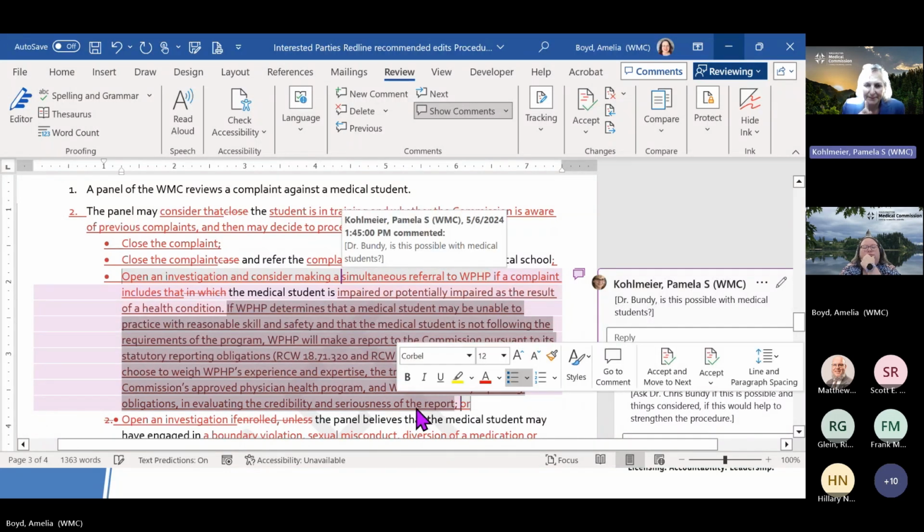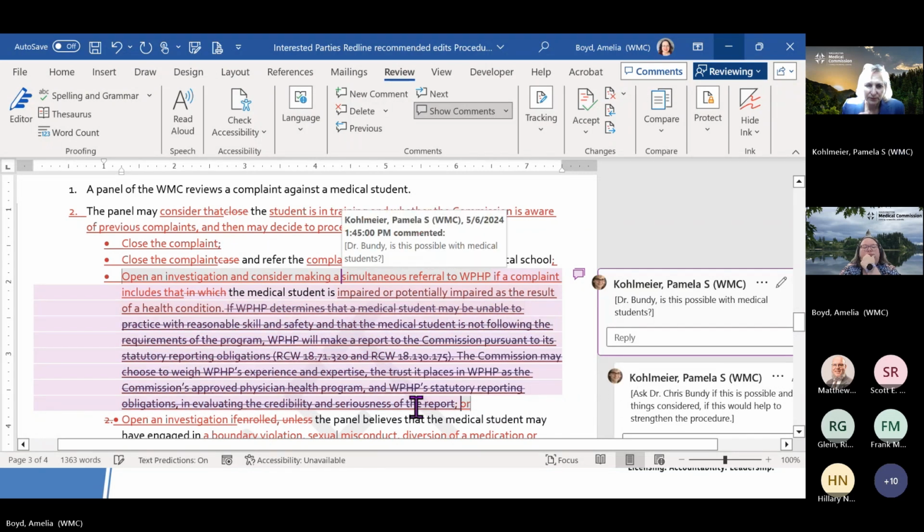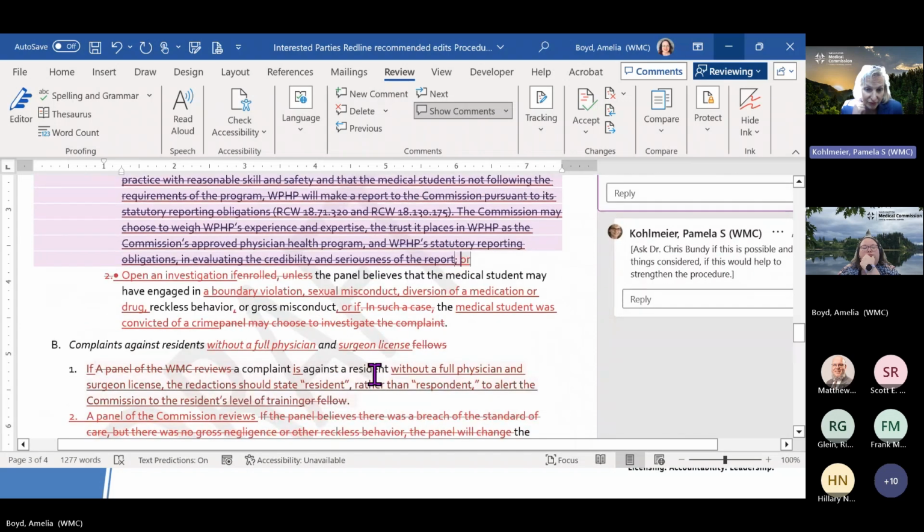And the semicolon, yeah. And get rid of that period. Did you get rid of the period too? Yeah. So basically what it says is the option is that if there's reason to believe there might be an impairment issue or a health issue, that it could be referred to WPHP. That's enough information for this. And if we like that, we'll do the same thing in the next section that talks about the resident procedure.